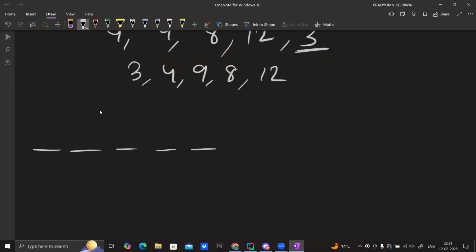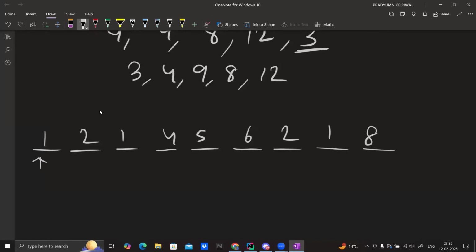Okay. So let's say this is my array A. Now let's say there is some 1 here, 2 here, 1 here, 4 here, 5 here, 6 here, 2 here, 1 here, and 8 here. Okay. Now I want to minimize this, right? So I'll start with the first index. This is 1. So definitely I won't apply this array because it will become 3.